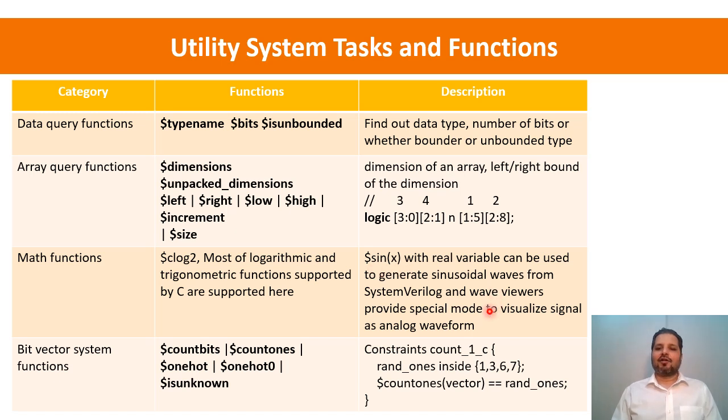You have to use a real variable, of course, so the result would be a real value. When you add those real variables in the waveform viewer, you have an option where you can right click and visualize it as an analog waveform. Then it will show you the actual sinusoidal signal.